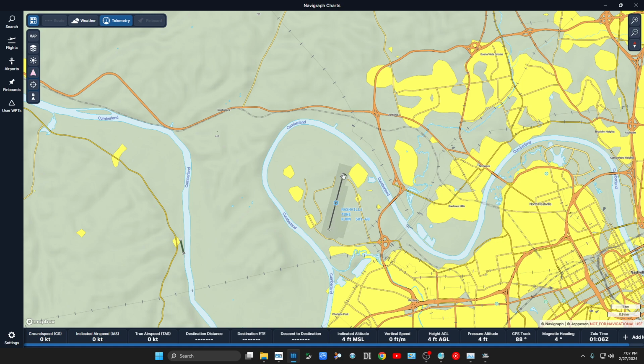So flying up this way, this would be your upwind leg, crosswind, downwind. But if you just wanted to go around the airport, you could fly base all the way over to another upwind leg. So why is the terminology upwind, downwind, all that stuff? It has nothing to do with the wind. Well, it actually has nothing to do with the direction of the wind.